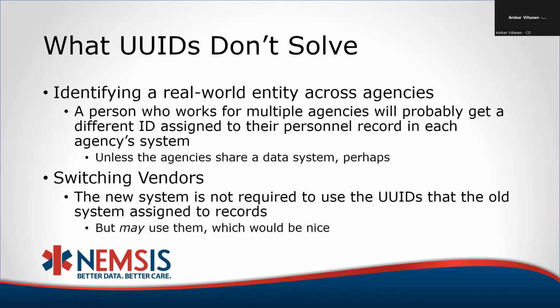Is there a world where someone might recommend to only receive data from one source, say from the licensing system, and not allow the import of demographic files from agencies? Yes, or I think a little more mature approach that I would recommend. There is information in the agency DEM data set that's probably not in your licensing system. It would be nice to get that data into your ePCR system.